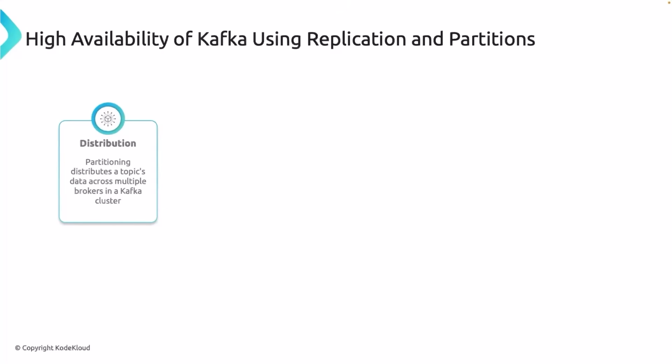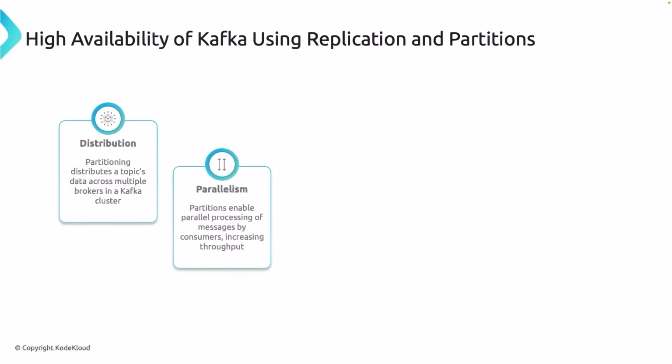Kafka uses partitioning to distribute a topic's data across multiple brokers in the cluster. This means that if you have a topic, its data isn't stored on just one broker, it is spread out. This distribution ensures that no single broker becomes a bottleneck and hence maintains high availability even if a broker goes down.